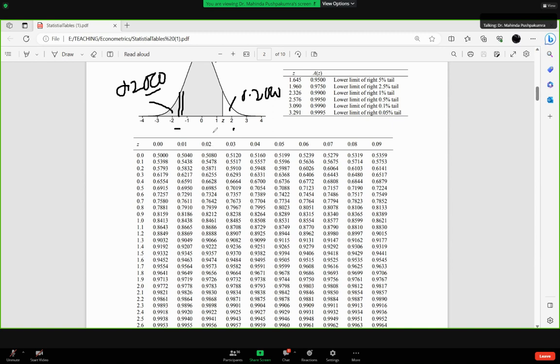Then 0.200, what is the nearest value? Yes, now you want to find 0.200. But in this table, how do you find it? Is it given?